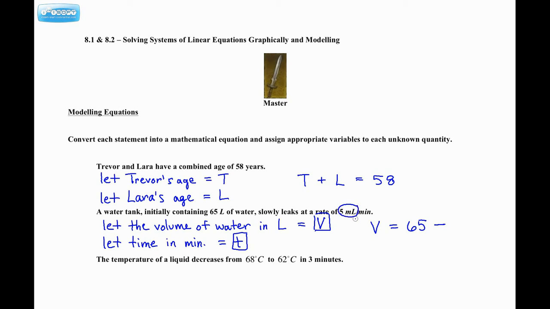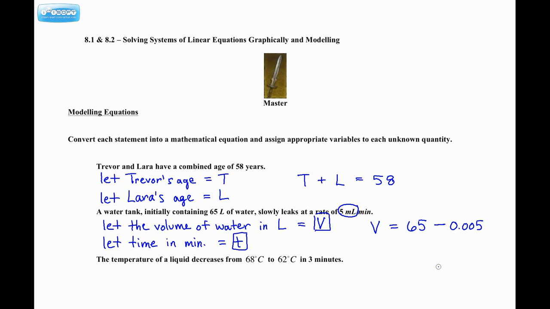There are 1,000 milliliters in a liter, so 1 milliliter is 1,000th of a liter. So there's 5 of them, so this is minus 5,000ths of a liter. At least these are now both in liters.